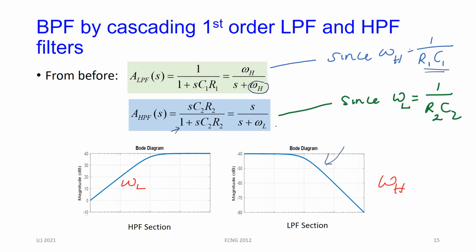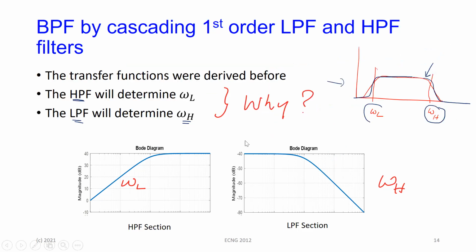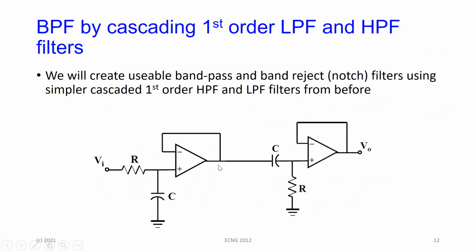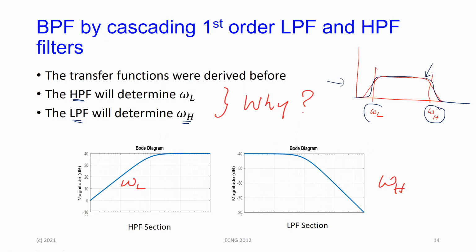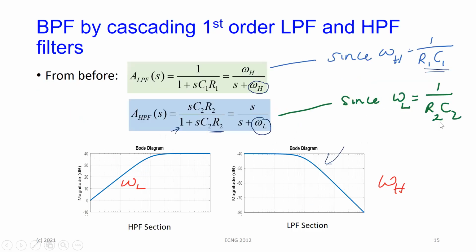The cutoff frequency for that is determined by R2 and C2, and that determines omega L. So depending on what you want to design, you're going back to your circuit here. One is a low pass, one is a high pass. One determines the low frequency, one determines the high frequency here. So you set the two cutoff frequencies according to what we had discussed and developed last week.